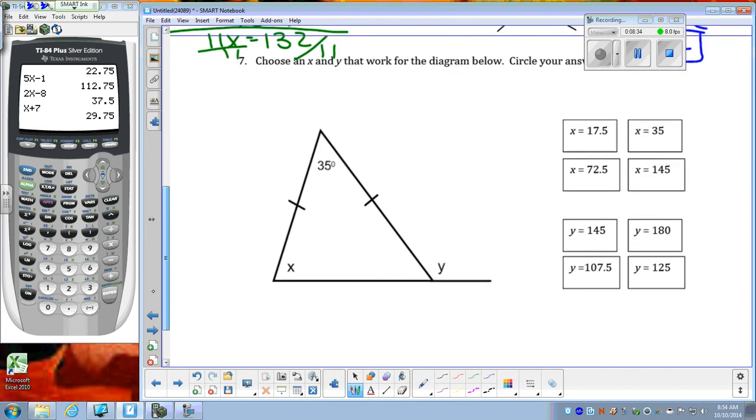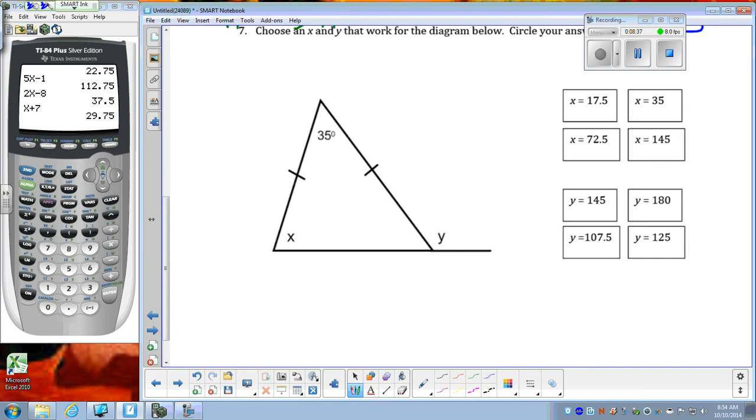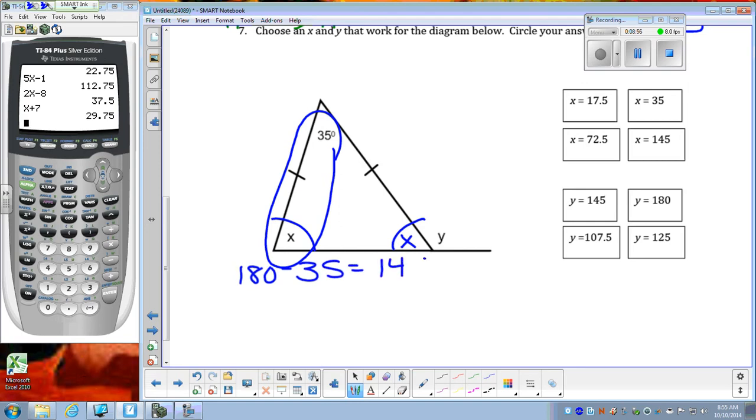In number 7, I'm going to have to use my isosceles triangles. Actually, no, I have to use my exterior angles. We'll figure out angle x. I know that these two angles have to be congruent. So I'm going to subtract 35 from the 180 to get 145, and then divide by 2 to get x.